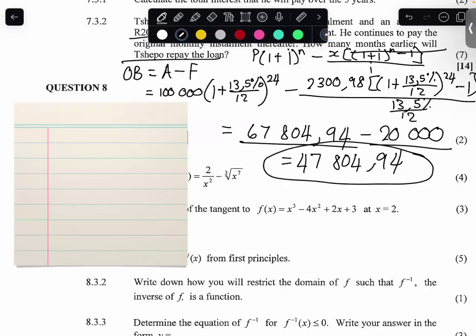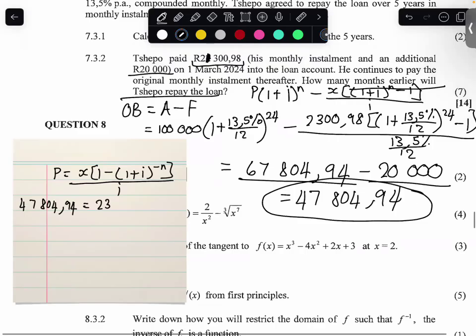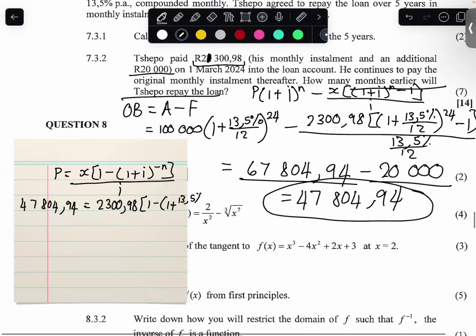So now we have P is equal to X into 1 minus 1 plus I to the negative N all over I. The P amount now is 47,804,94. Your X is still the same monthly installment, which is 2,398 cents. Into 1 minus 1 plus 13.5% over 12, all to the minus n. That's what I'm solving for. This is all over I, which is 13.5% all over 12.